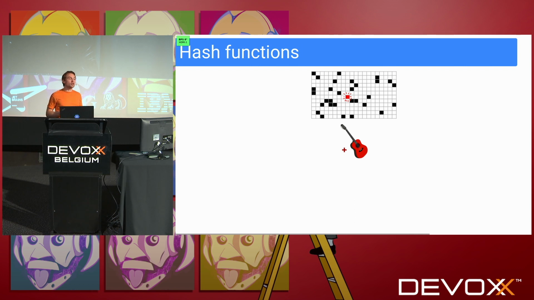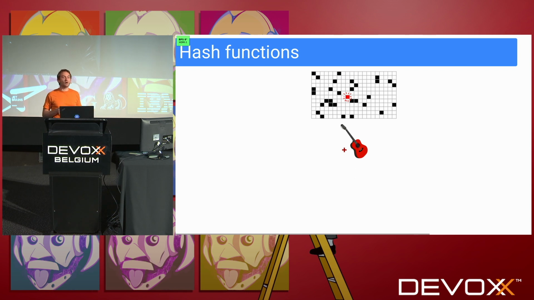With one hash function, you would hash the binary value of the element you're adding, let's say a guitar, or any binary representation of a guitar, and flip the bit. So you hash the guitar, you get a number, and this is a value I, and you would flip the bit at position I. You would set it to 1.